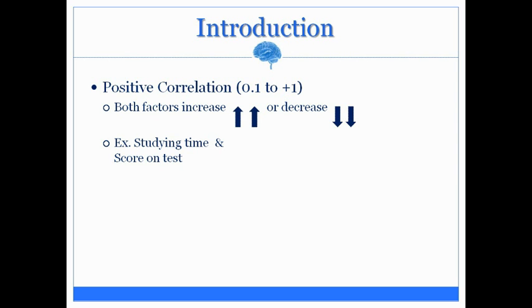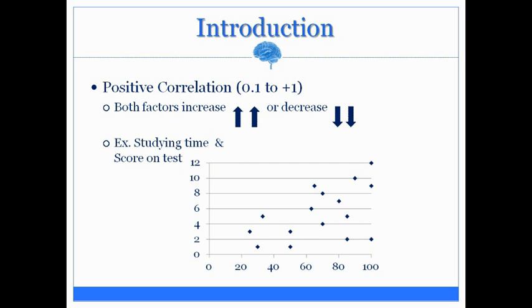So let's map this out with an XY axis. On the x-axis, which is the lower one, that is the test score, with a minimum of 0 and a maximum of 100. On the y-axis, we have the amount of time an individual studies per week, the minimum 0, and the maximum 12.